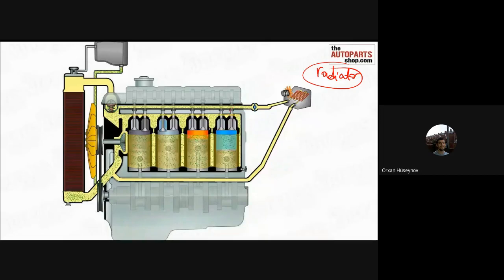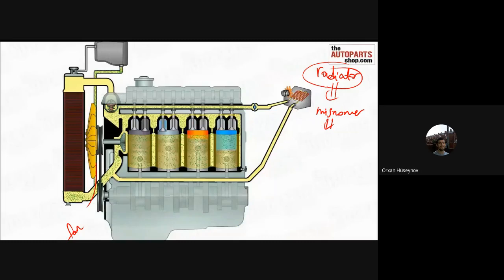Here we have the radiator, and this one is the fan. By the way, the radiator is a misnomer. Misnomer means the name is wrong. Why is the name wrong? Radiator implies that the heat transfer inside the system happens by radiation.